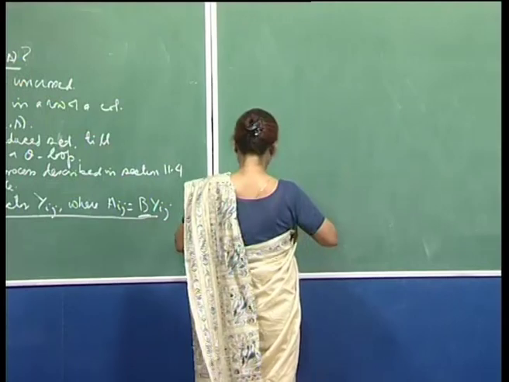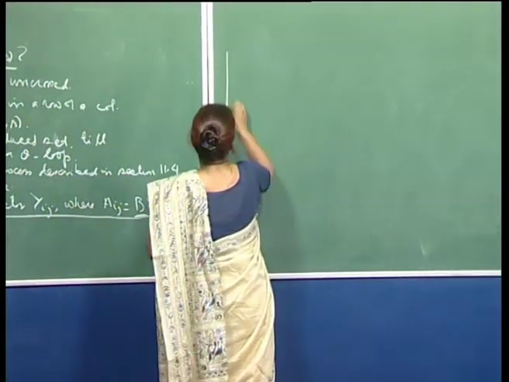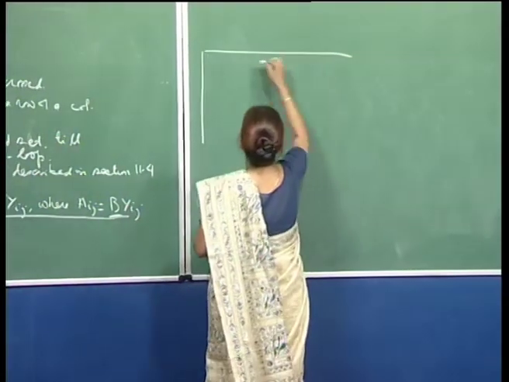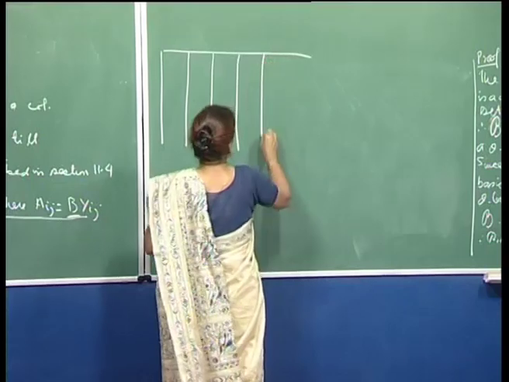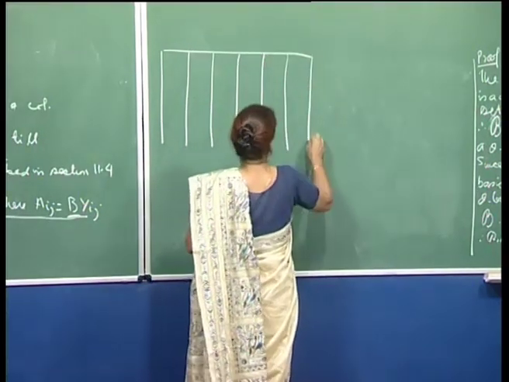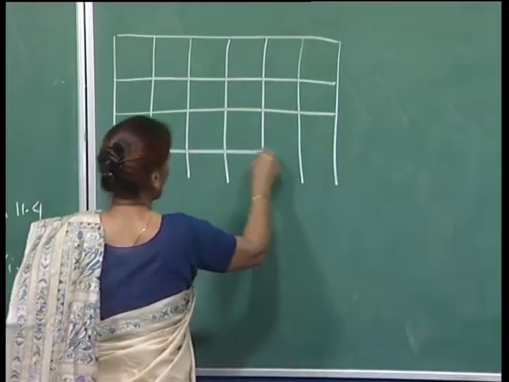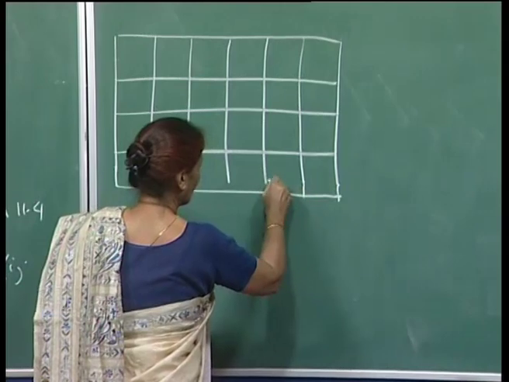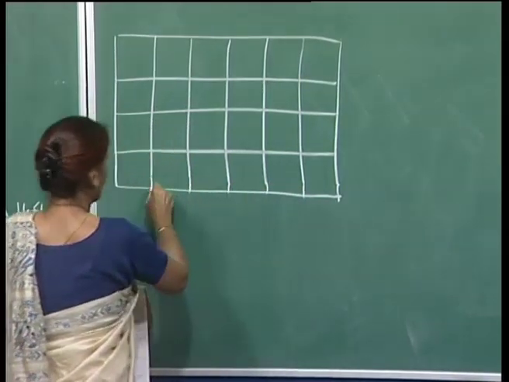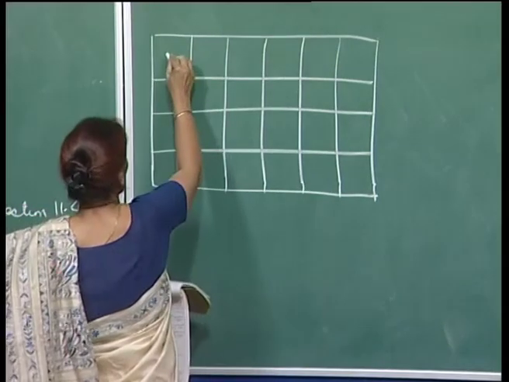Say for example, if you have a 6 by 4 array, and I will just show you the basic cells here.